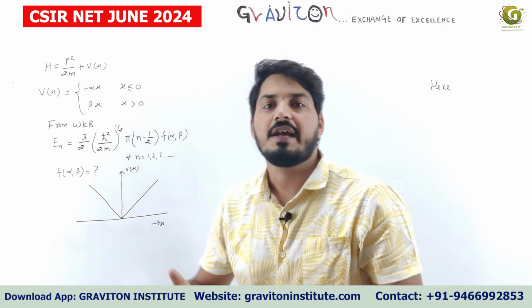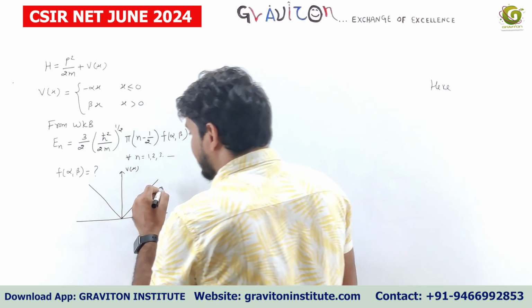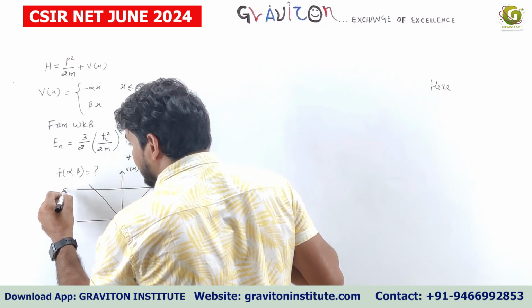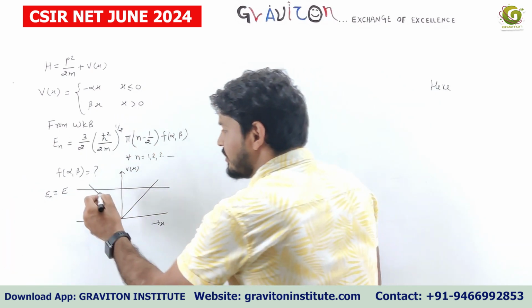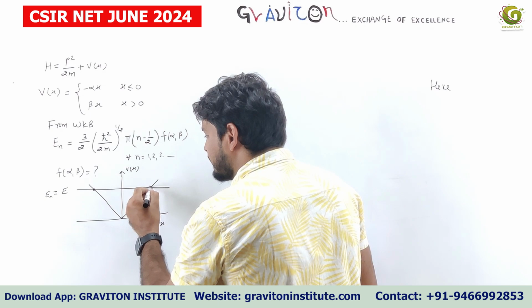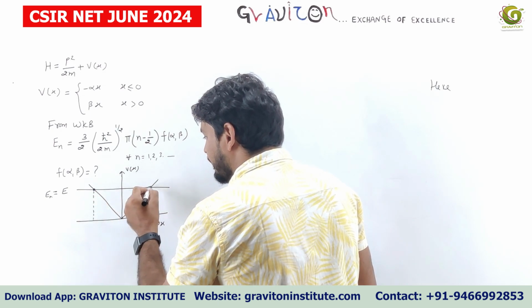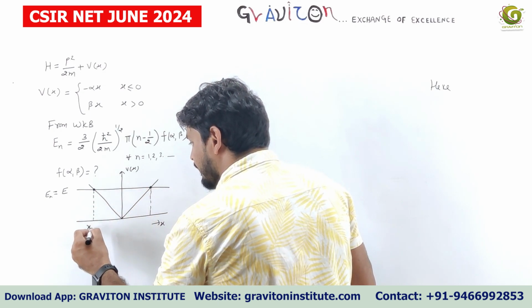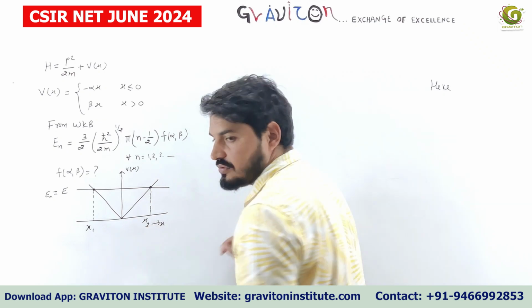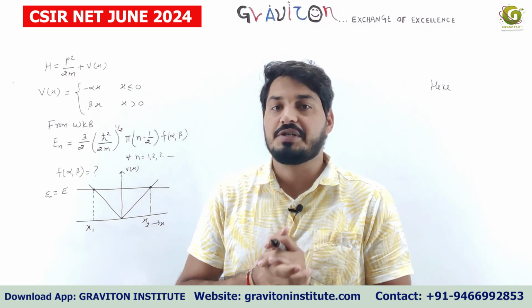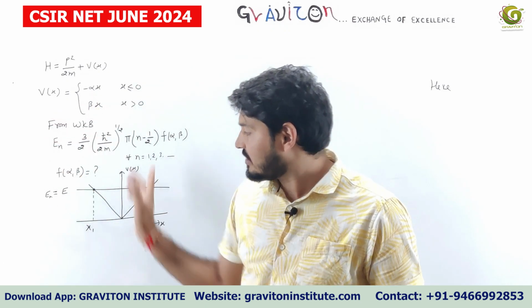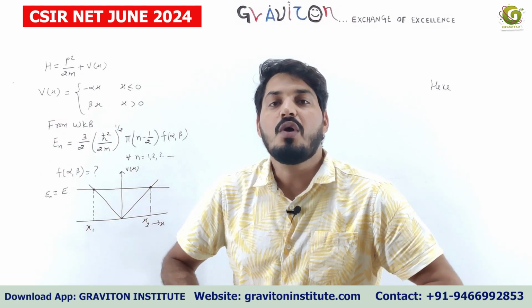We can also define the energy somewhere here. Let's suppose this is the energy E, or you can also call it En. These two are the turning points, x1 and x2.